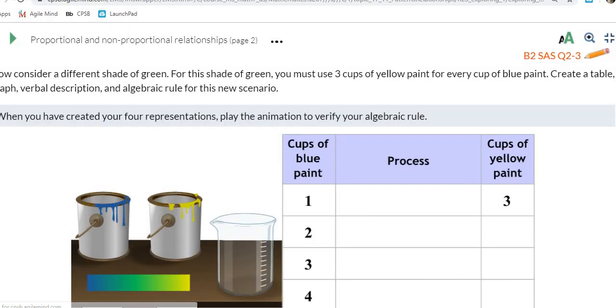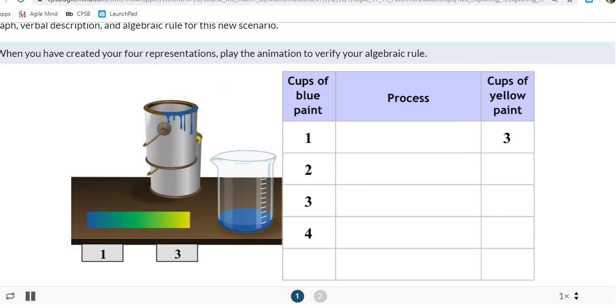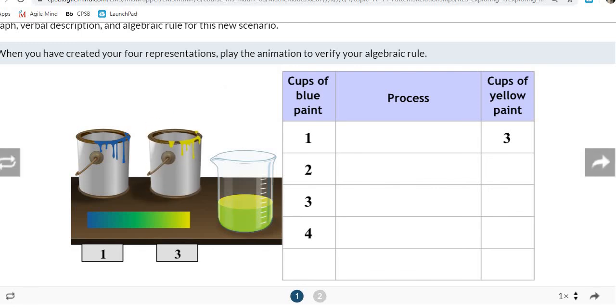Now we're going to just use these 4 different ways. So they are pouring 1 cup of blue, 3 cups of yellow. Is that the same green color we've been working with? No, it has a different color. Vocabulary word, constant of proportionality. It has a different constant of proportionality or ratio.